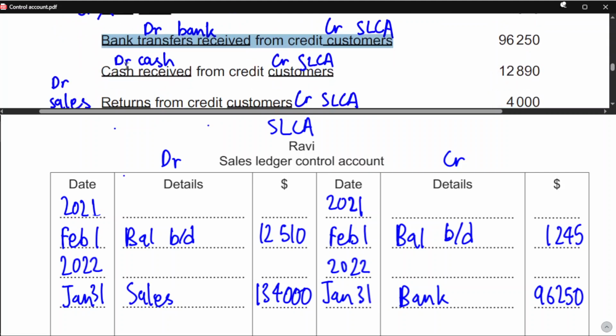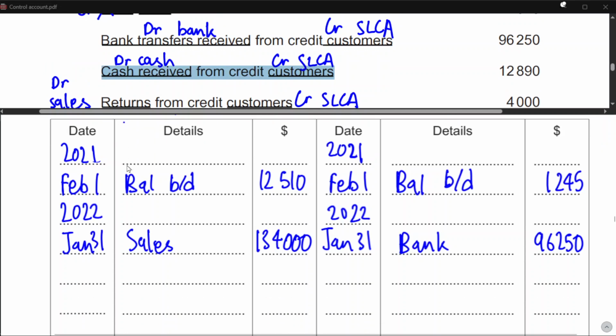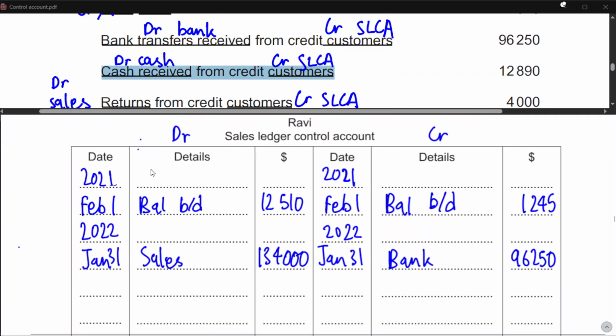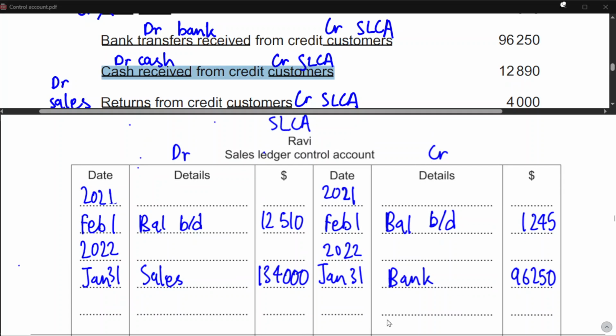Then let's continue. Next line. SLCA credit cash.